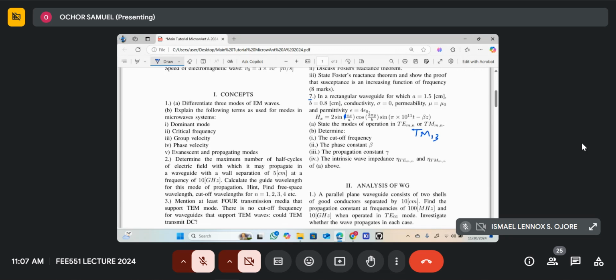Why not TE? Why not TE? Okay, I'd say it's TM 1, 3, because for transverse magnetic, it's the... Okay, yeah. It could also be TE 1, 3.